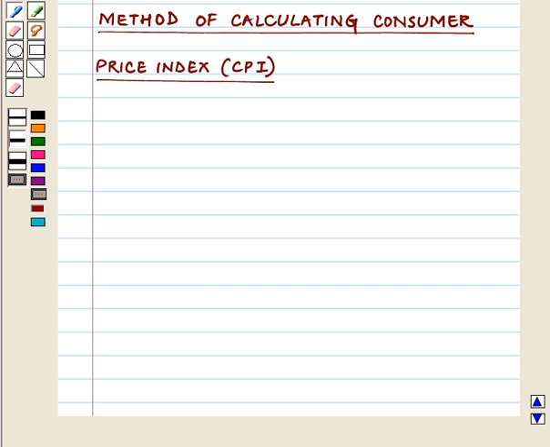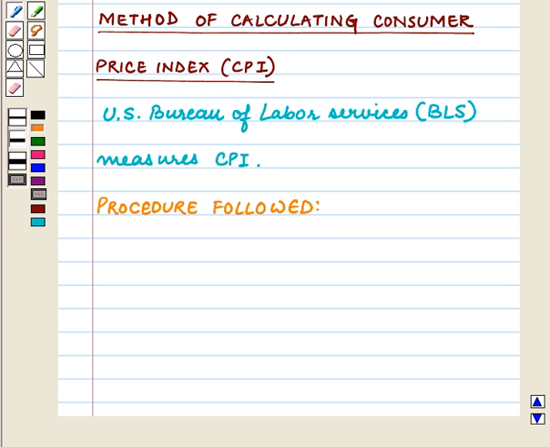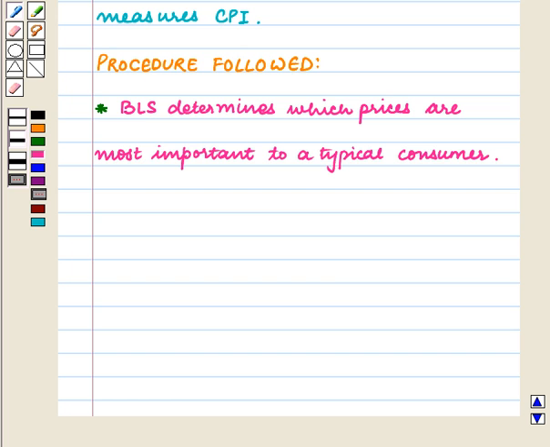Now let us see the method of calculating Consumer Price Index or CPI. In USA, the US Bureau of Labor Statistics, BLS, measures Consumer Price Index. The procedure followed by BLS is: BLS determines which prices are most important to a typical consumer.